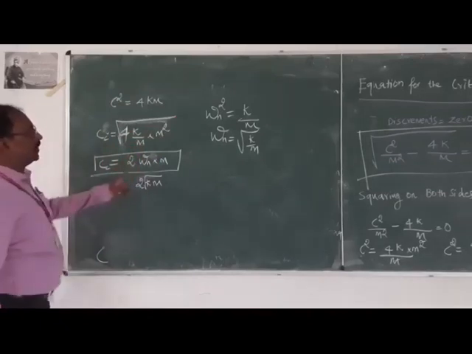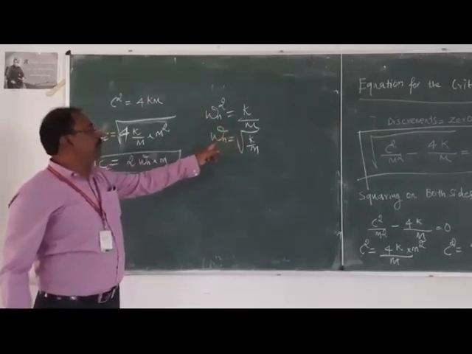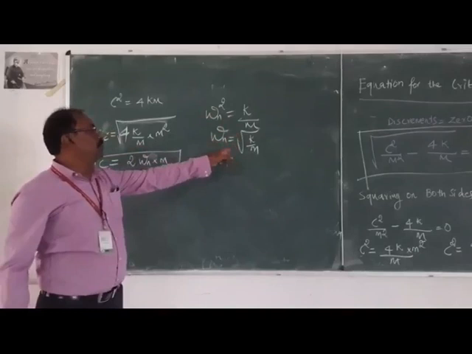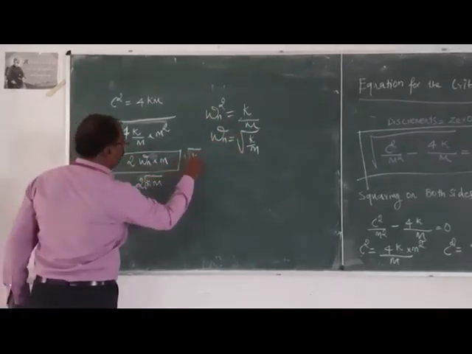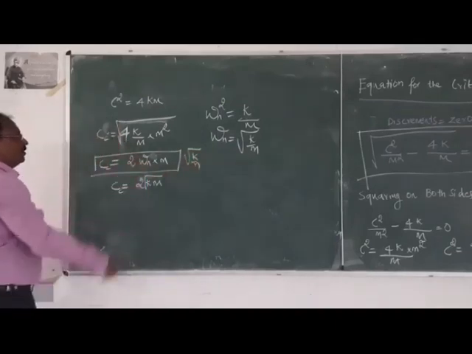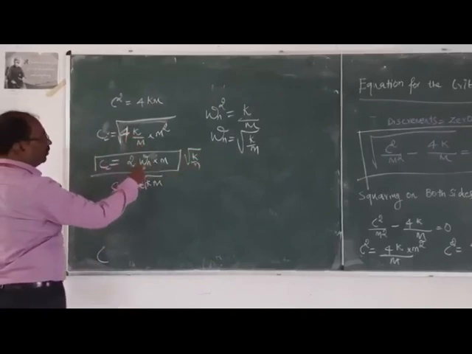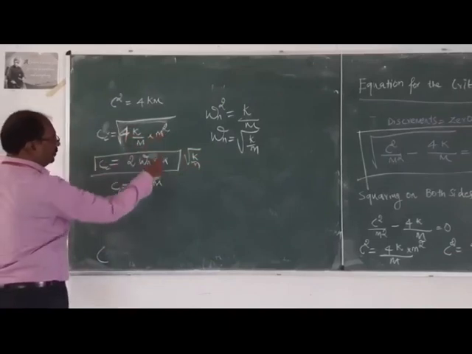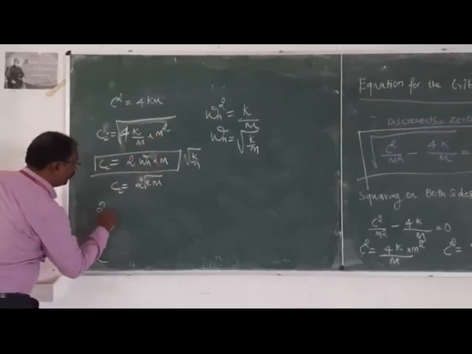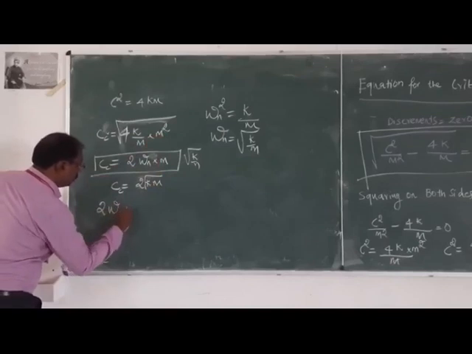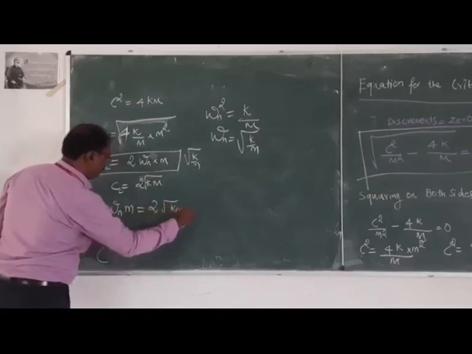Omega n squared we already know is k by m. Taking the common root, root of k by m becomes omega n, and m squared becomes m. Here both sides, 2 omega n is equal to m, equal to 2 root of k by m.